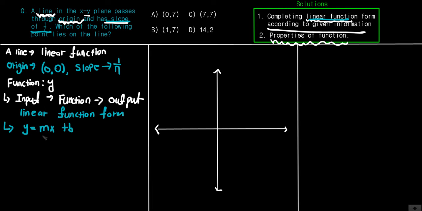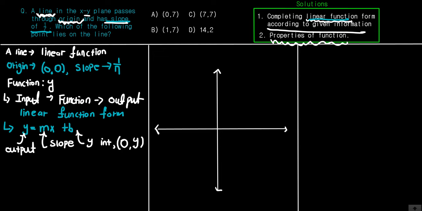So I'm going to talk about it. x is the x value, m is the slope value, and b is the y-intercept. The y-intercept means there is a coordinate where the x value is 0 and the y value is there. That means it is the y value when the x value is equal to 0. And then according to that equation, y is the specific output of this function.